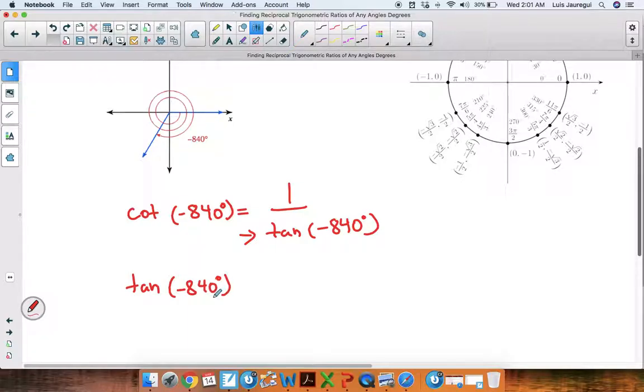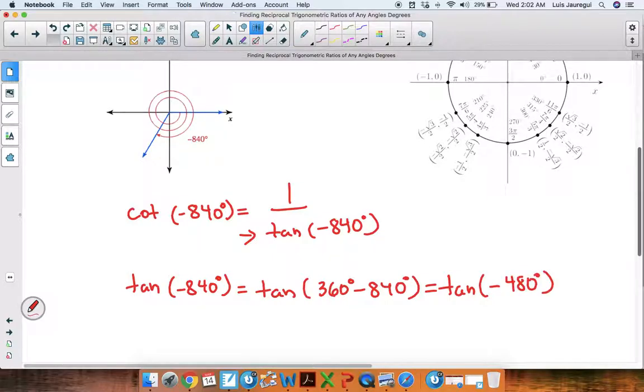Since negative 840 degrees is not an angle in the unit circle, let's find a coterminal angle. So we have tangent of 360 minus 840 degrees. And if we do the mathematics here, that's going to become tangent of negative 480 degrees. Now, negative 480 degrees is still not an angle in the unit circle. So let's get another coterminal angle.